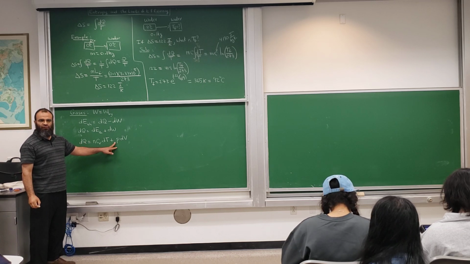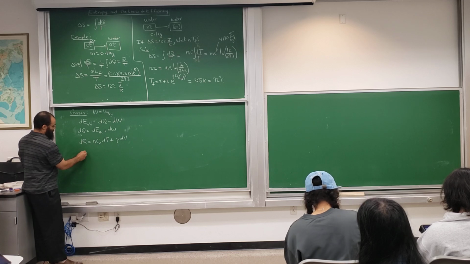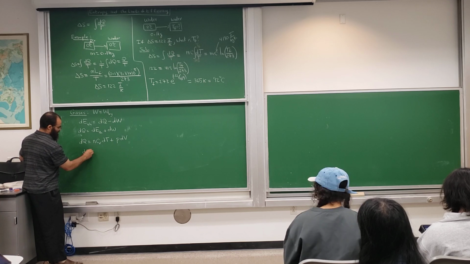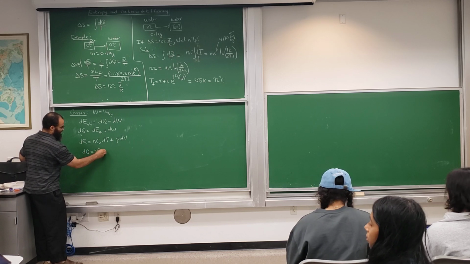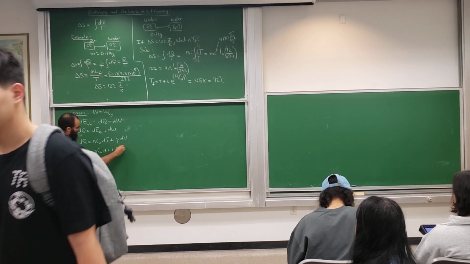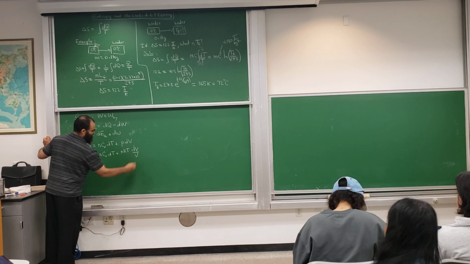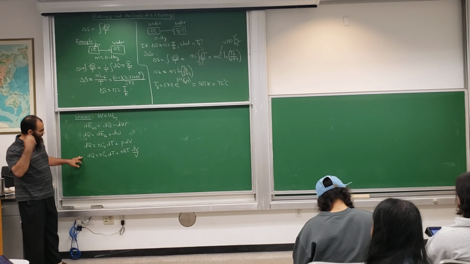Pressure is nRT over V. So I get dq as n C_V dT plus nRT dV over V. So this is my dq.